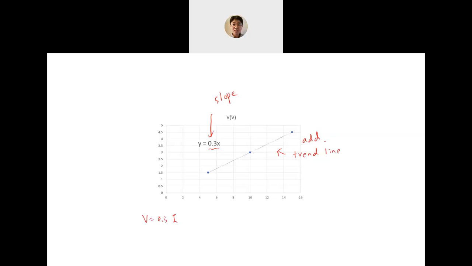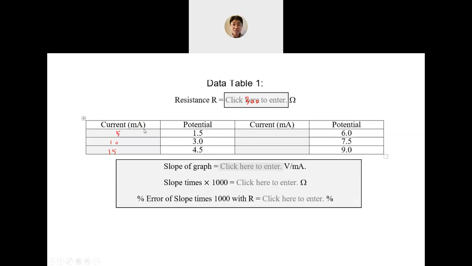But in this case we have to consider that we used the milliampere unit. The slope is 0.3, but we multiply by 1,000, because ohm is usually volt per ampere, not milliampere. 1000 milliampere is equal to 1 ampere.